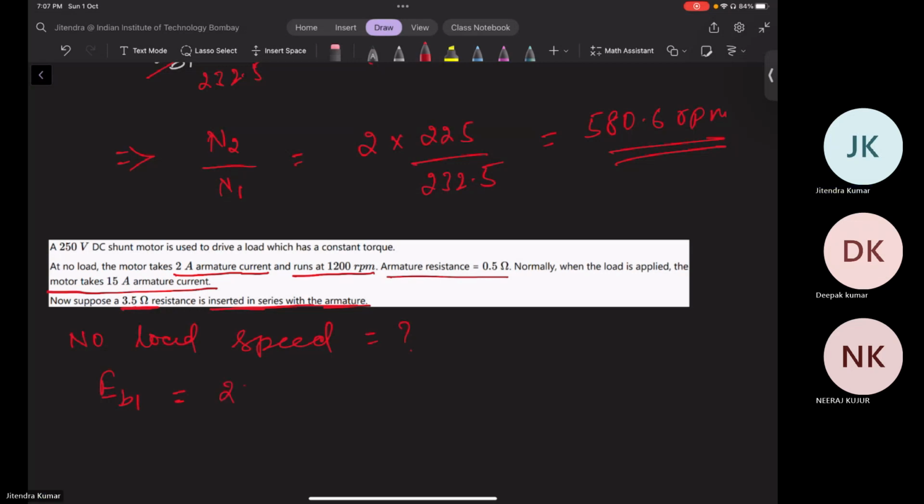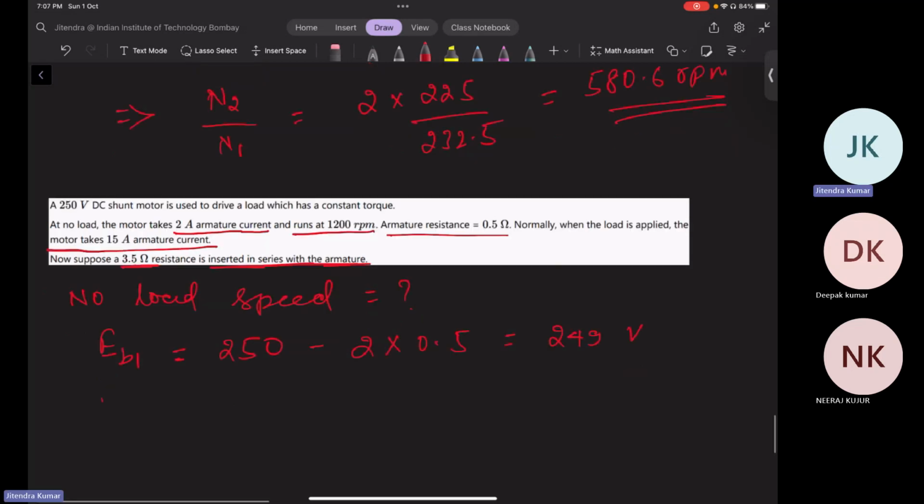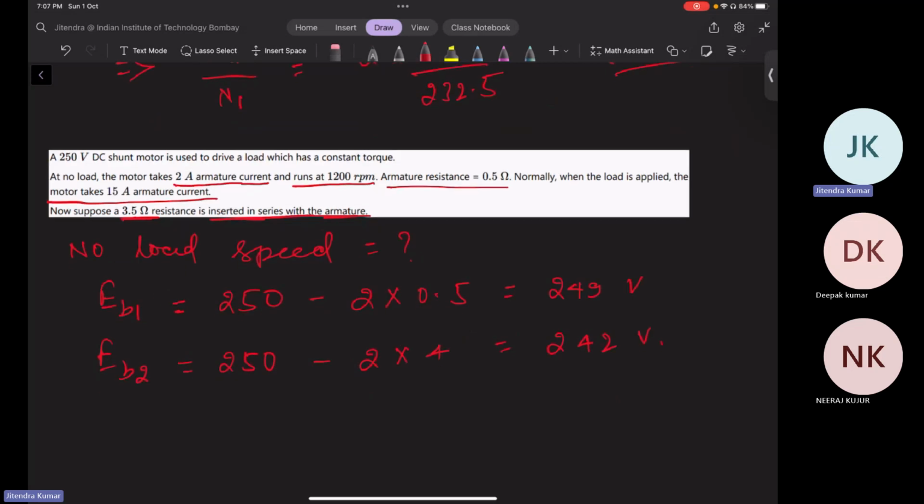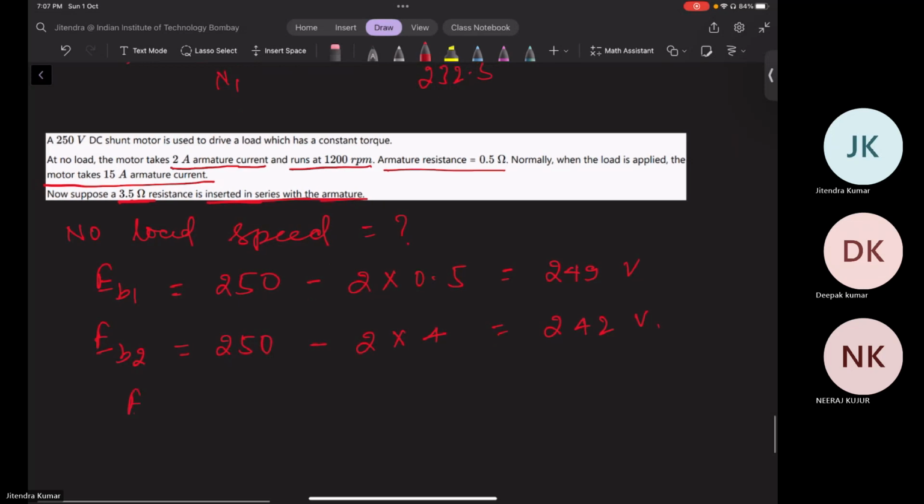Can we write 250 minus Ia, which is 2, times Ra, 0.5, so it is 249 volt, right? Now when series resistance is introduced, it will be 2 into 3.5 plus 0.5, so it will be 4, and so it will be 242. Now, can you guess what will happen after the insertion of resistance? Can't you guess even now?